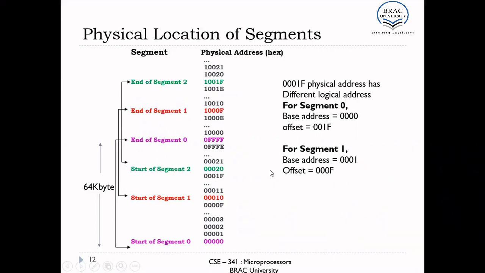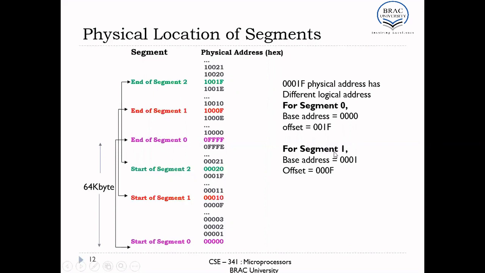For segment 0, the base address is 0000, the upper 4 hexadecimal digits, not the last one. It is appended with a zero, right? And the offset is 001F to access this physical address or this memory location 0001F. But in case of segment 1, the base address is 0001, these upper 4 hexadecimal digits, and the offset is 000F.